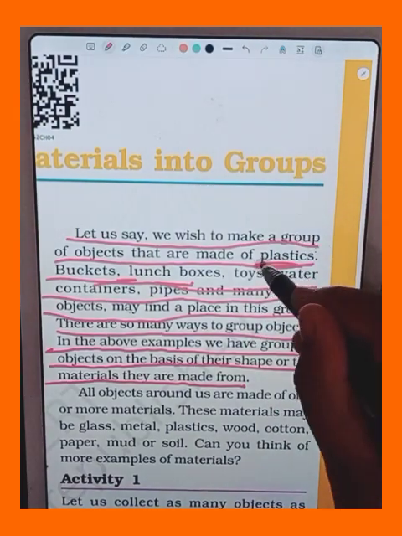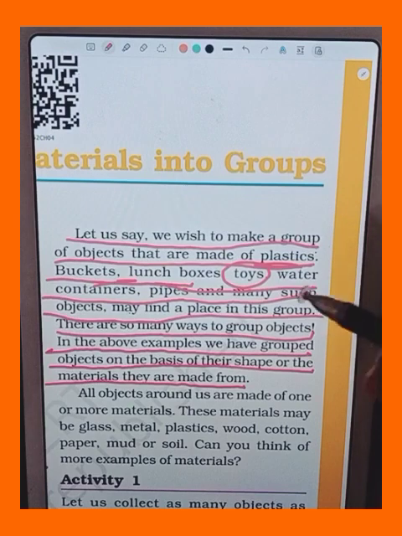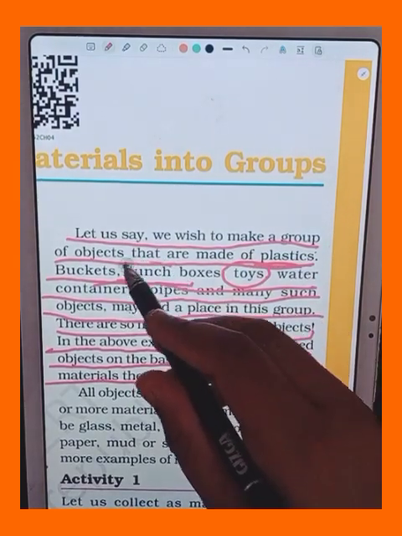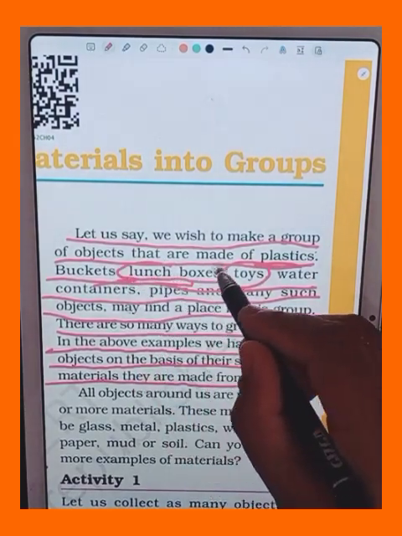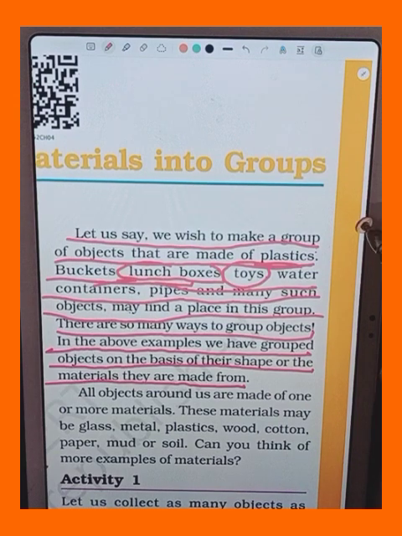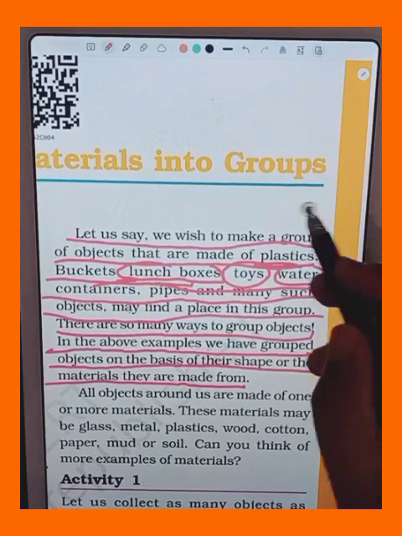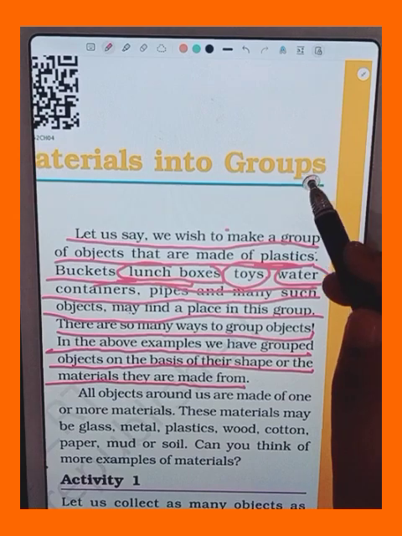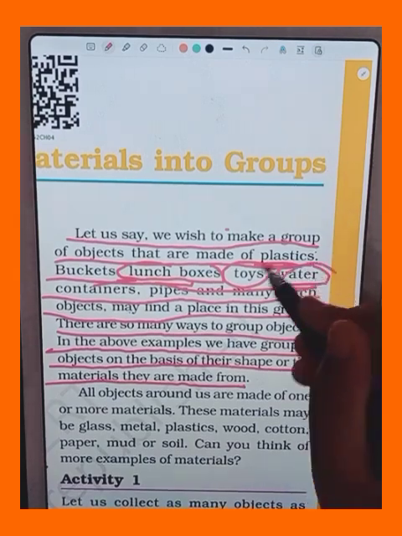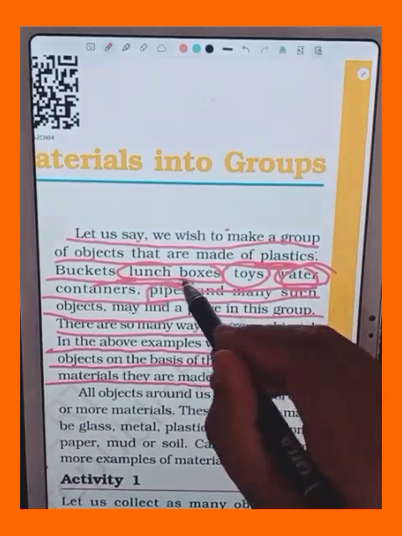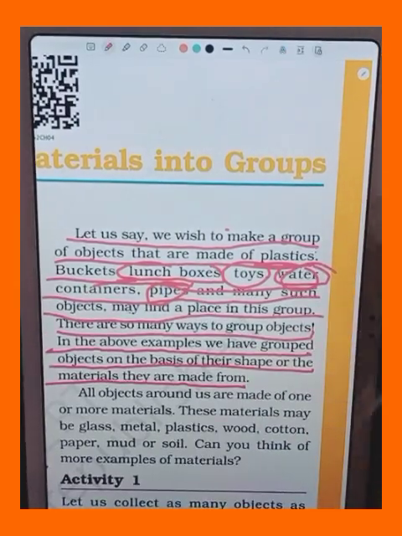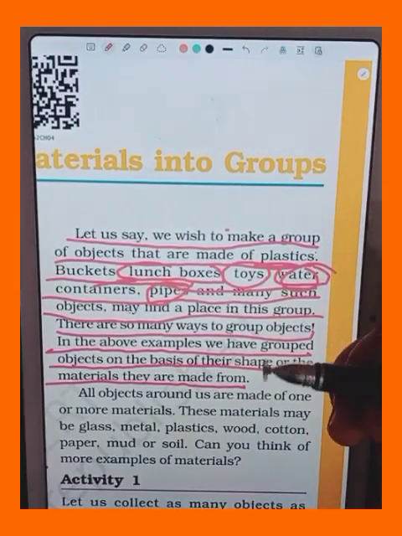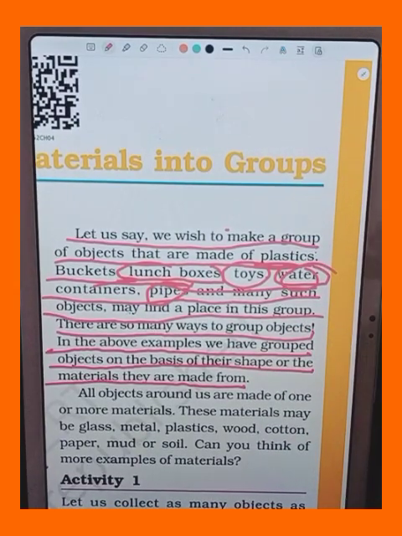For example, toys. All the toys are made from plastics. Lunch boxes, some are made from steel, some from stainless steel, some from iron. Water is made from H2O, two atoms of hydrogen plus one atom of oxygen, which make a molecule. And there are many pipes, like PVC pipes made from hard plastic, and steel pipes.